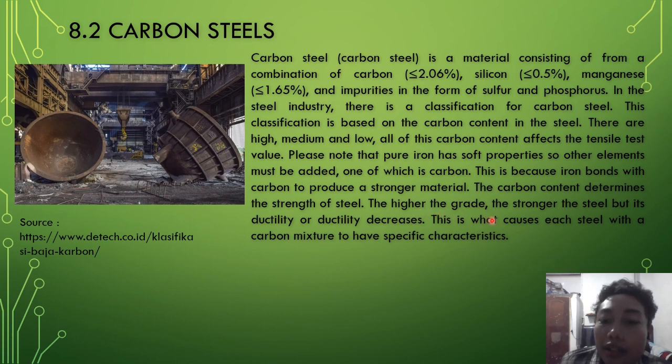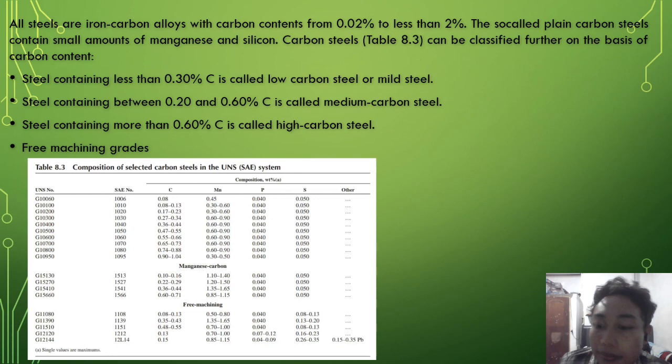The higher the grade, the stronger the steel, but its ductility decreases. Next, steel is an iron-carbon alloy with carbon content from 0.02% to less than 2%. Plain carbon steel contains small amounts of manganese and carbon.